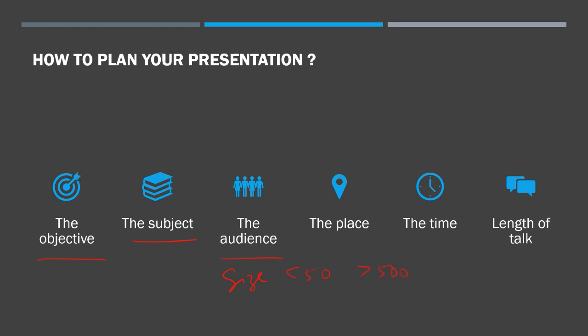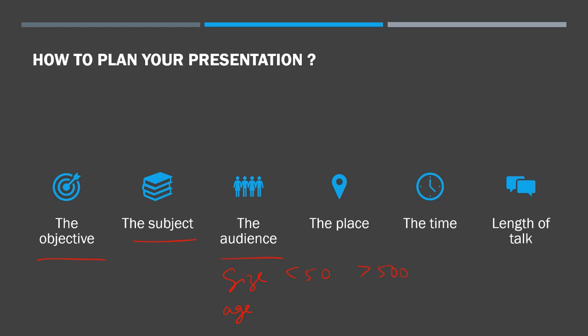It depends on the size of the group of people you are presenting to, and the age range. Are you presenting to kids? Are you presenting to adults? Are you presenting to employees of a particular industry? So what is the particular age of people who are listening to your presentation?